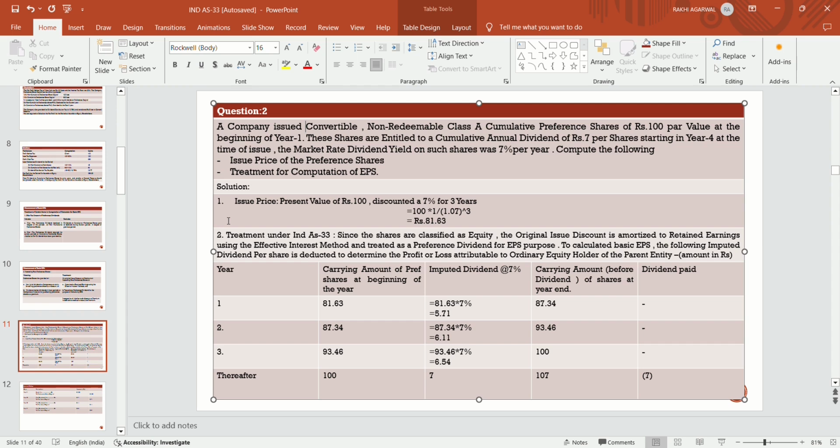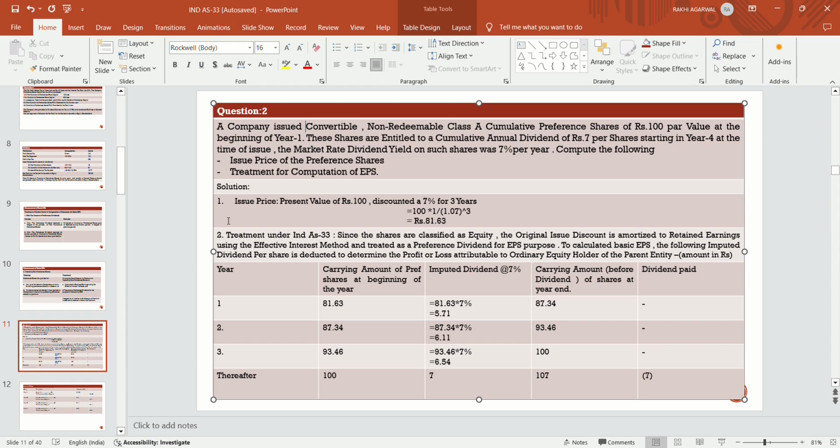At the time of issue, they had issued cumulative preference shares at the beginning of year 1, but they declare dividend in year 4. Because it is a cumulative preference share, they are entitled to the dividend every year. But in this question, what happened? This is a startup company, so they are only able to give dividend later.